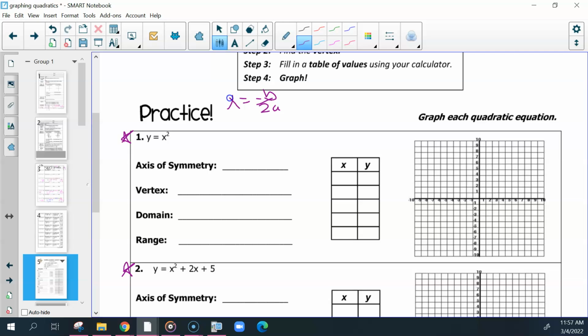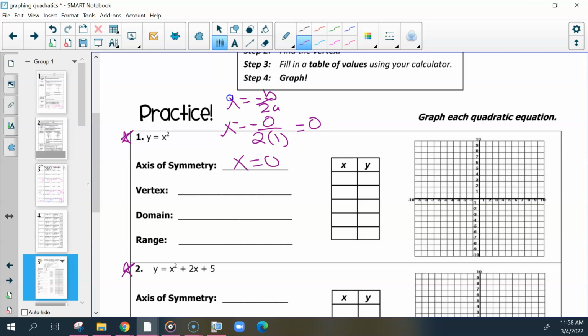All right. So on this, just like before, we are going to find our axis of symmetry first. So that would be negative, what is our B value? 0. We don't have one. Our A value here would be 1, but that doesn't matter because this is going to become what? 0.